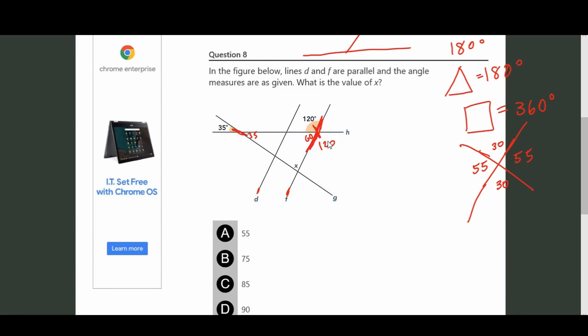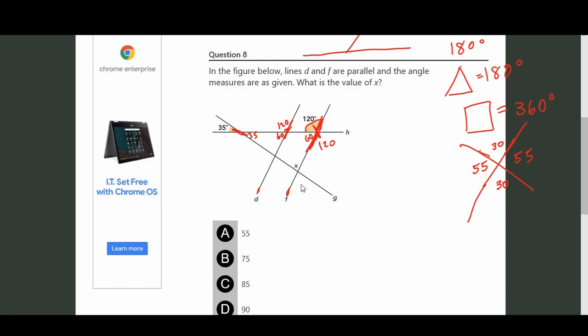Okay? And similarly, we can see that since these are parallel lines, if this angle is 120, this one's also going to be 120 degrees. Okay? And again, we can use this fact right here. This is also a straight line, so this is going to be 60 degrees.